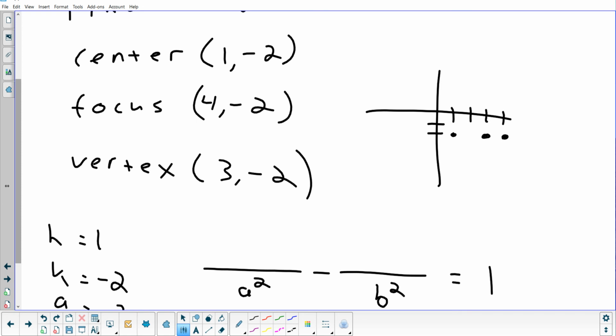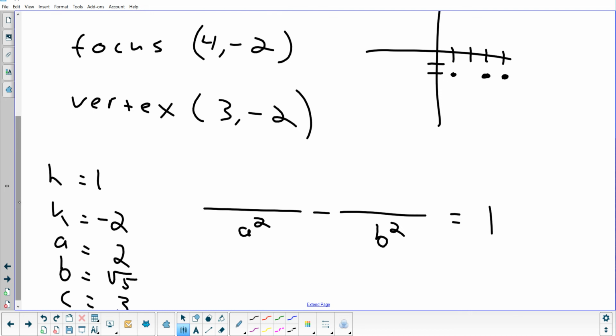So the transverse axis is horizontal, which means which letter comes first? x. Which letter comes second? y. And if this was at the origin, that's all you need, x squared, y squared. But we're replacing x with x minus h, and replacing y with y minus k, and there's your formula.